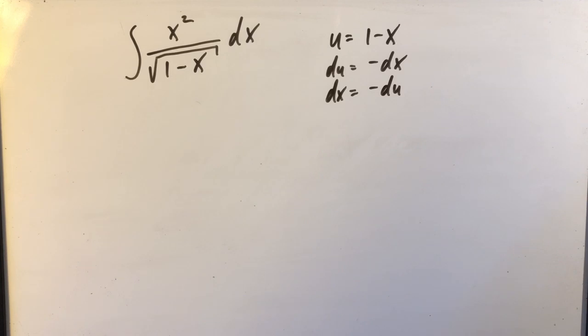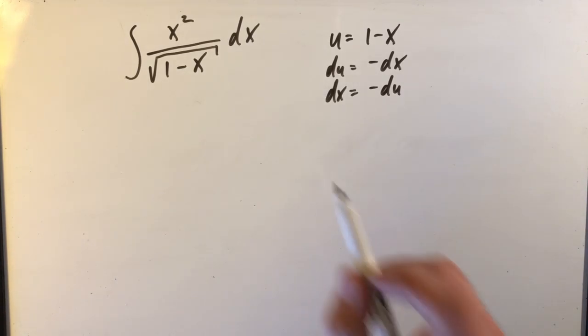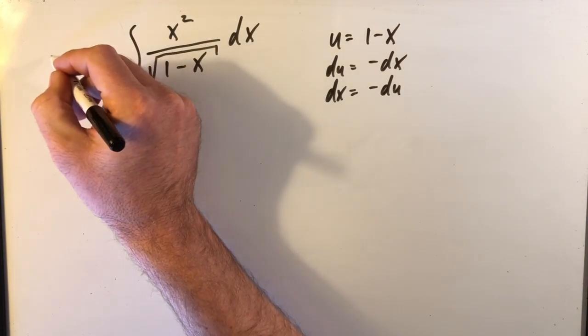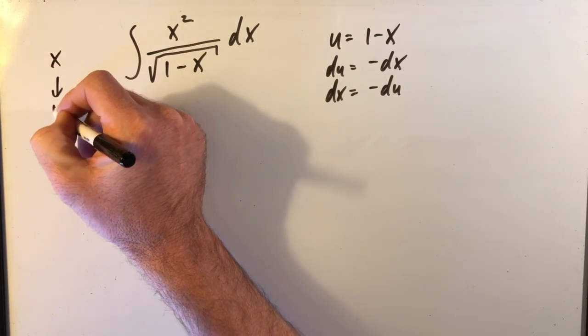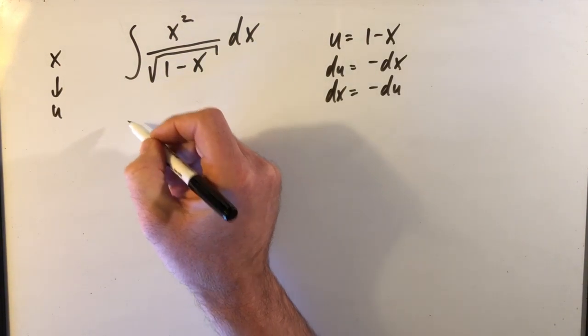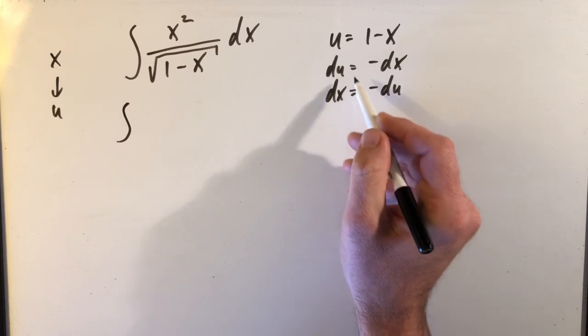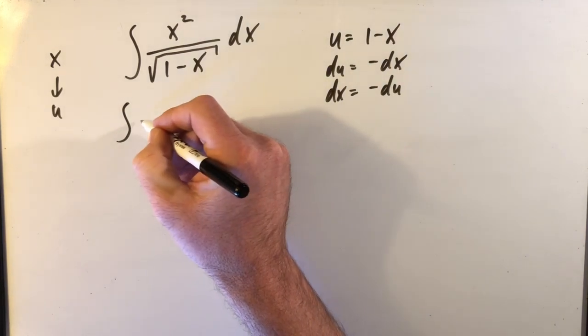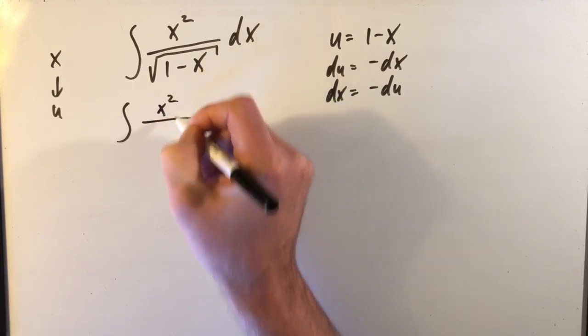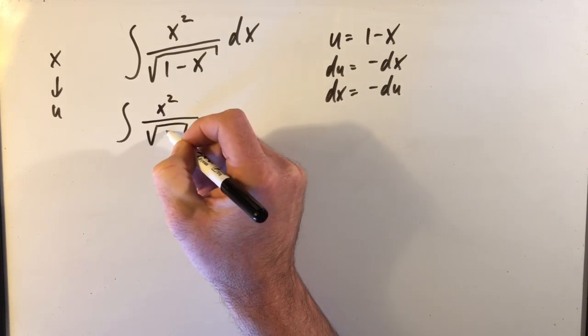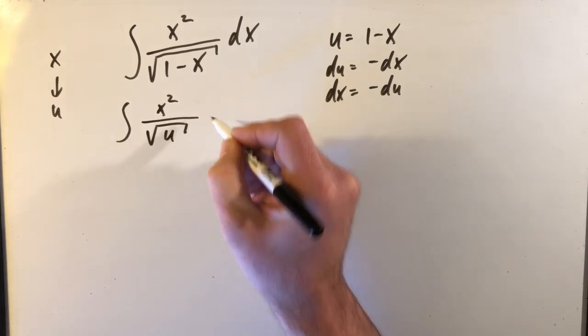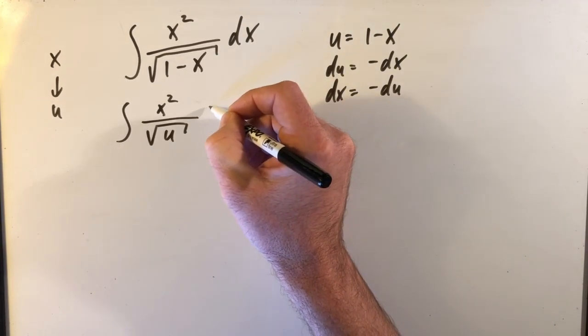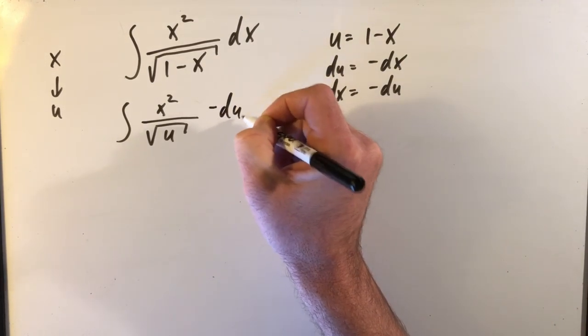Okay, so let's substitute that in. We're going to go from x to u domain, and we're going to start putting things in. So I have here, let's see, x squared over square root of u, and then my dx is just going to simply be negative du.